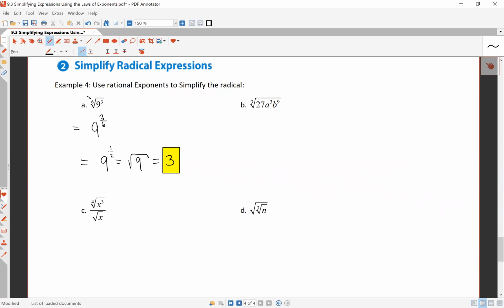If we have the cube root of 27 a cubed b to the 9th, that's 27 a cubed b to the 9th, all raised to the 1/3 power. That power multiplies across and gives us 27 to the 1/3, a cubed to the 1/3, and b to the 9th to the 1/3.